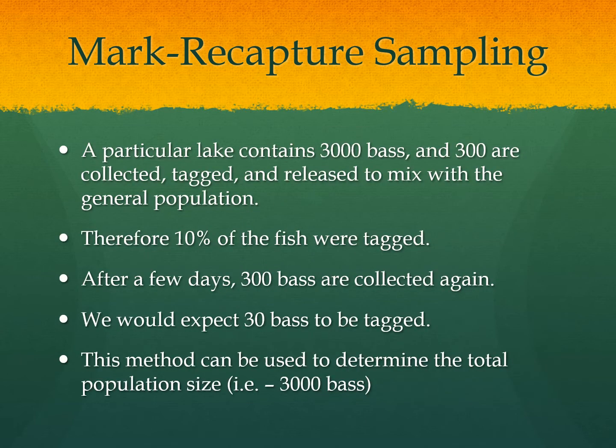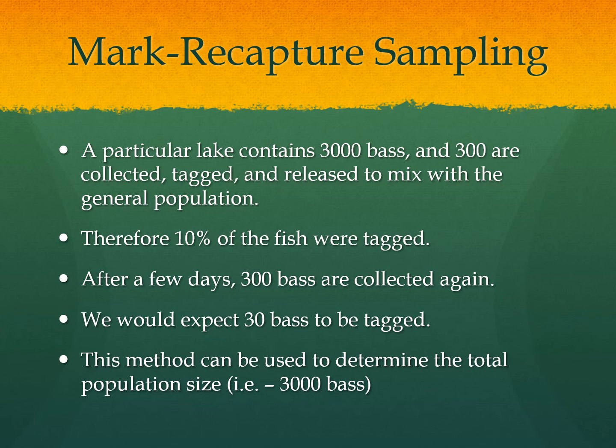Let's look at an example. A particular lake contains 3,000 bass, and 300 are collected, tagged, and released to mix in with the general population. That means about 10% of the fish within the lake were tagged. After a few days, we collect 300 bass once again.